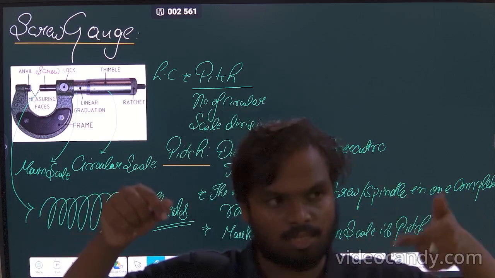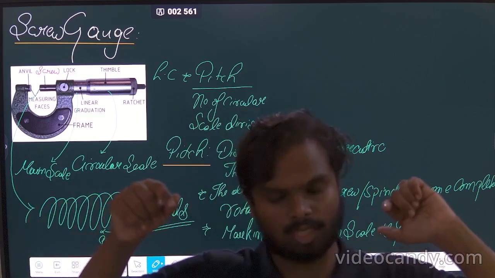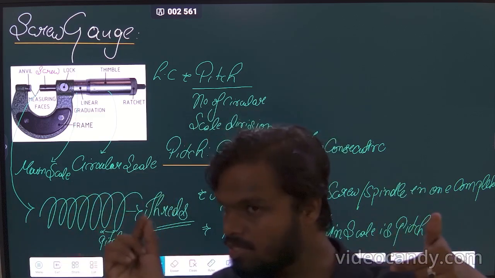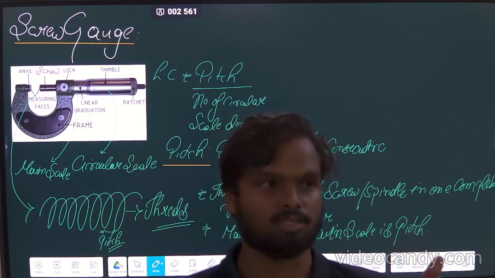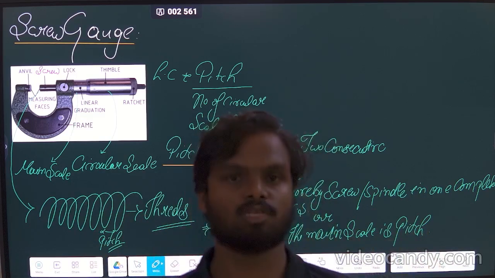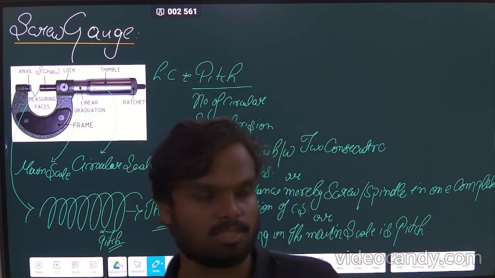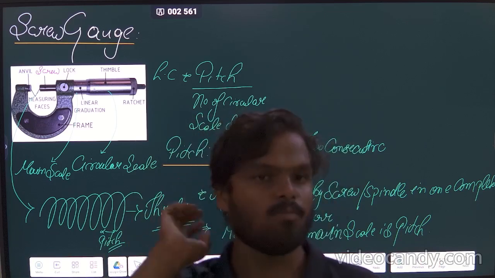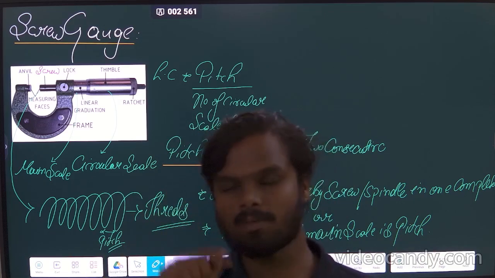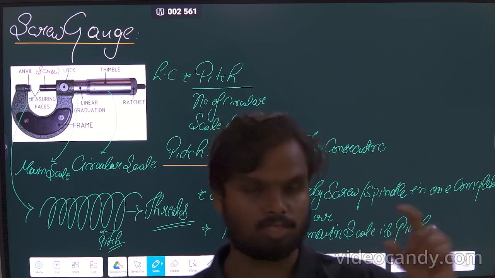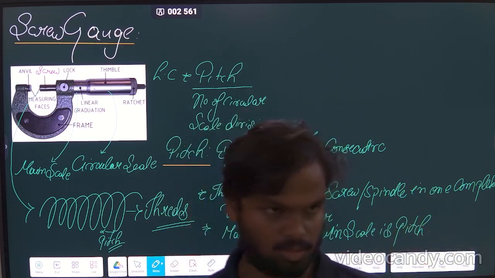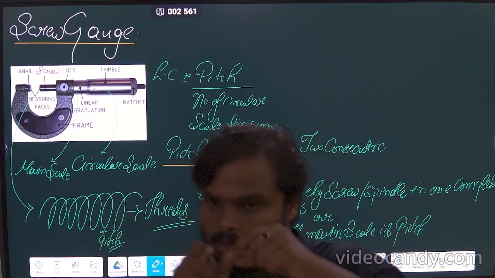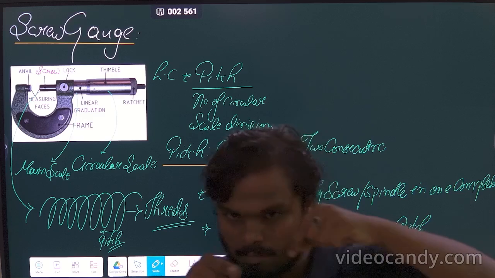I am rotating my circular scale. If I rotate my circular scale 1 time, the distance covered is equal to the pitch, or the distance between these 2 threads, and that is defined as the pitch. So you remember simply that the distance moved in 1 complete rotation of the circular scale is called the pitch. That distance will be equal to the distance on the main scale also.